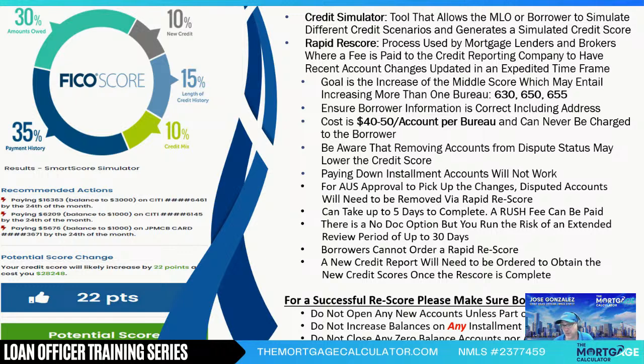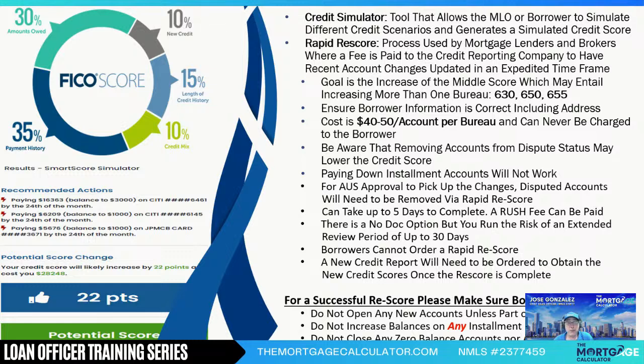That's the only way to receive the updated scores. An actual new pull needs to be completed so that the new balances are reported and you get the new credit scores. So that will be included in the cost of the rescore when it does get billed to you. And again, that's the only way to get the new scores.